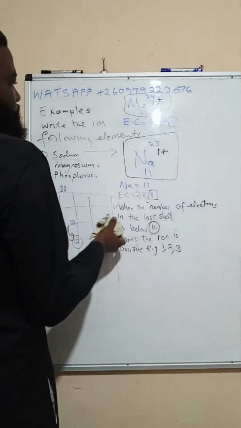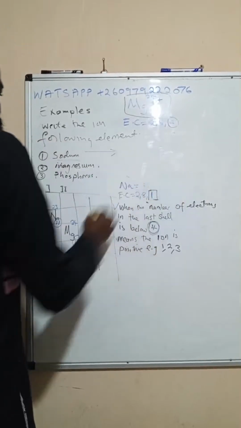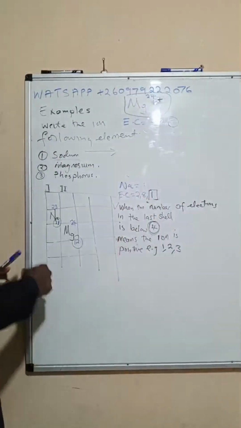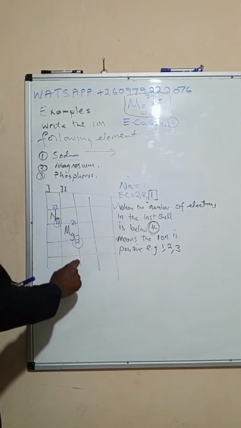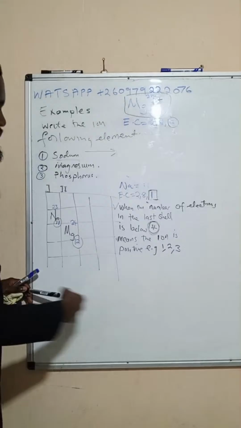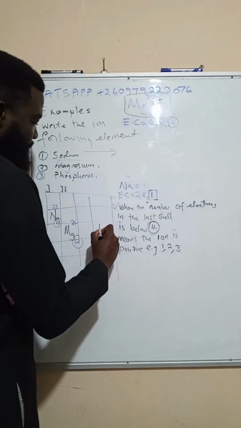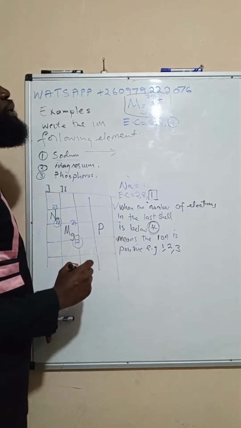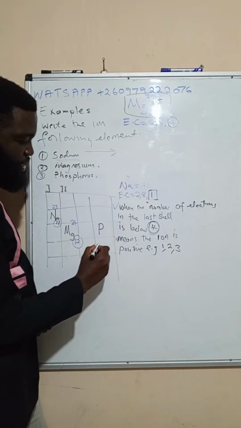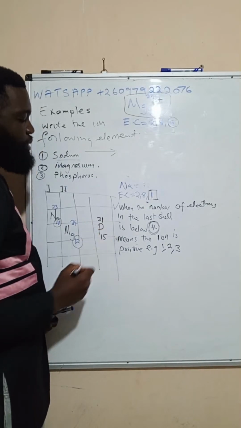What about if they say what is the ion for phosphorus? So you check phosphorus on the periodic table. Where is phosphorus? Is it here, is it here? No, you can't find it. Until you find where phosphorus is, check all the elements. Oh, you have found phosphorus. Phosphorus is P, and it should be 15, and here it's 31, if I'm not mistaken.